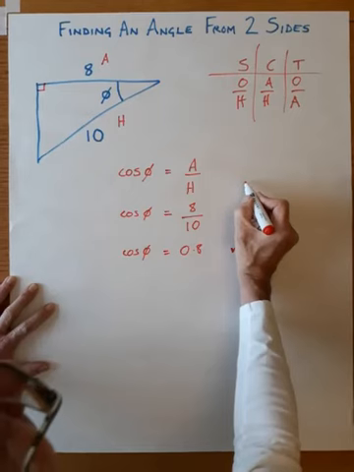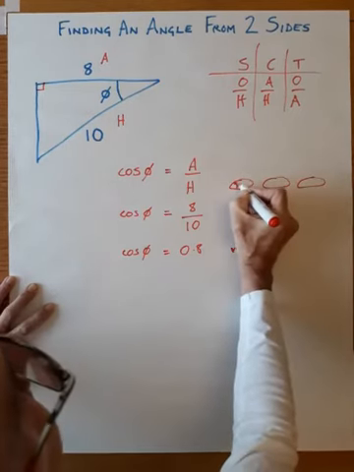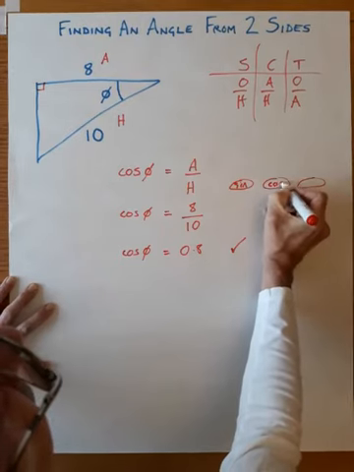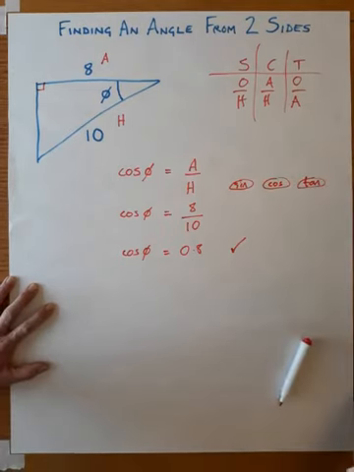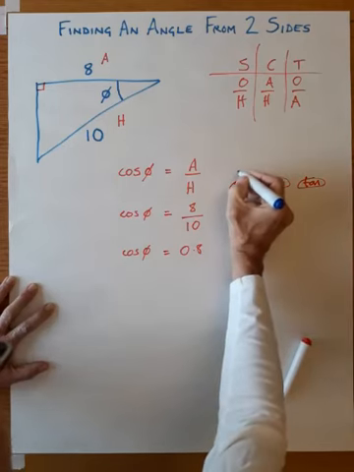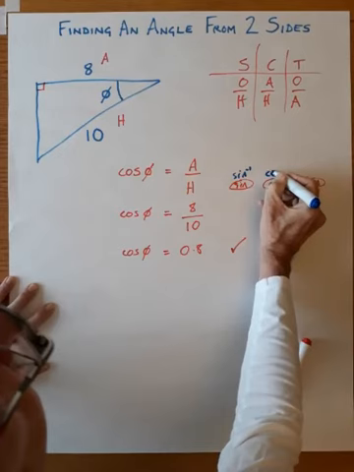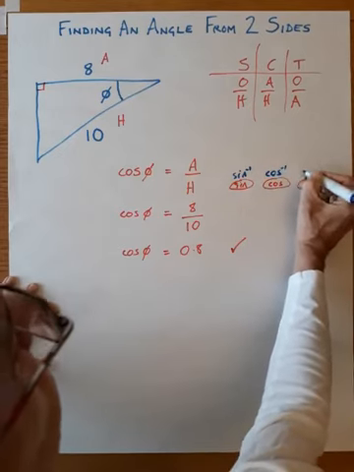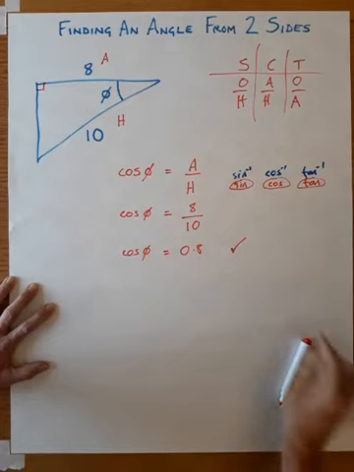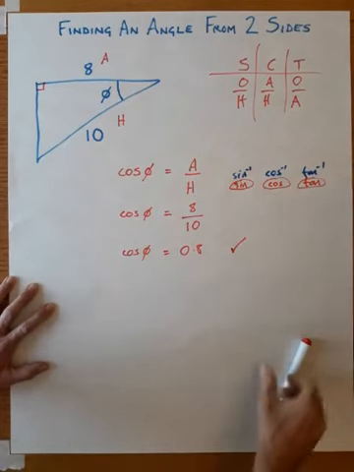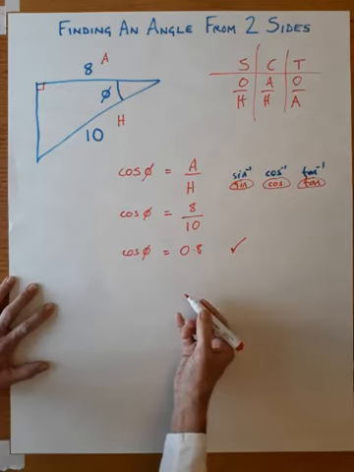So where you have 3 buttons, sine, cos, tan, you have to press shift because above each one is sine to the minus 1, cos to the minus 1, and tan to the minus 1. And that will take us back to give us the angle. So let's write that right now.